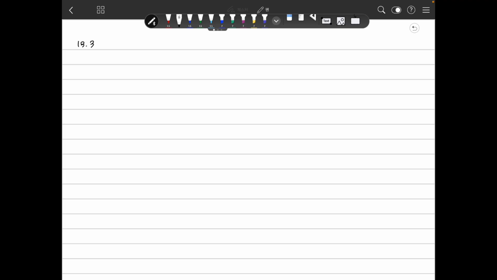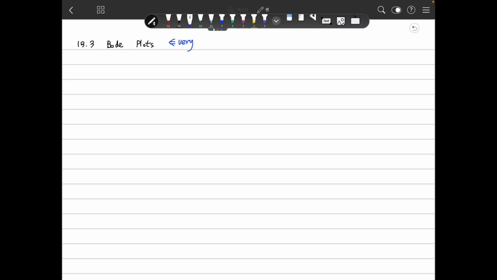Chapter 13-3, Bode plot. This chapter is very important because the Bode plot is very, very useful and very, very powerful.